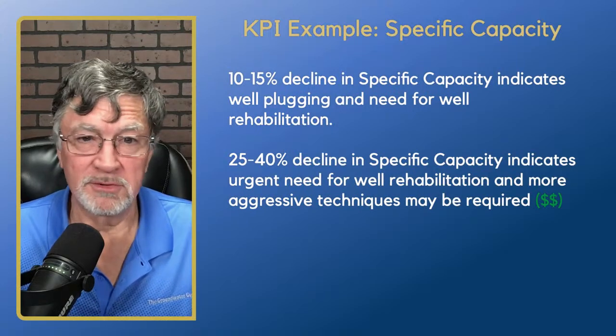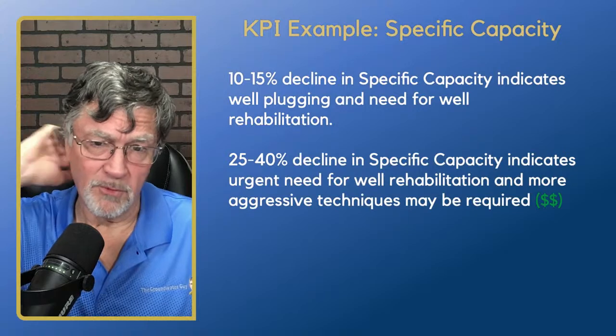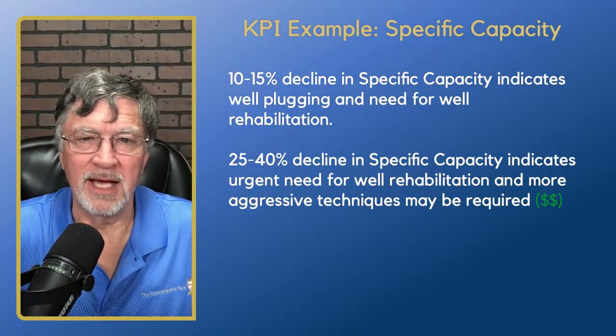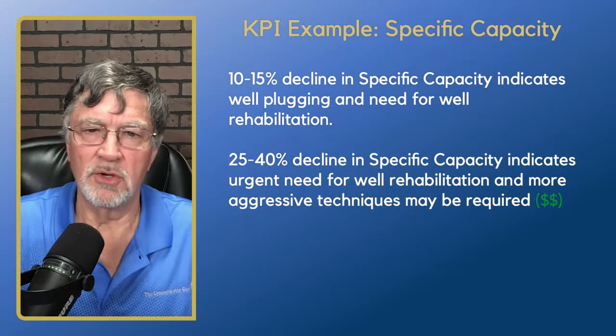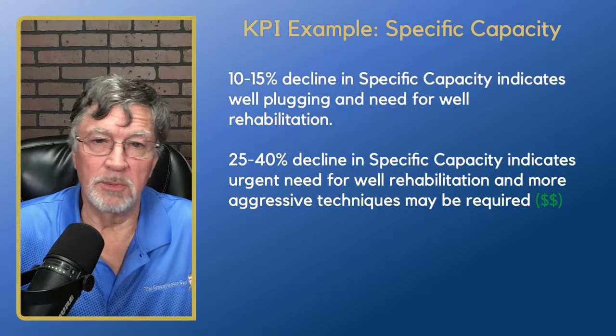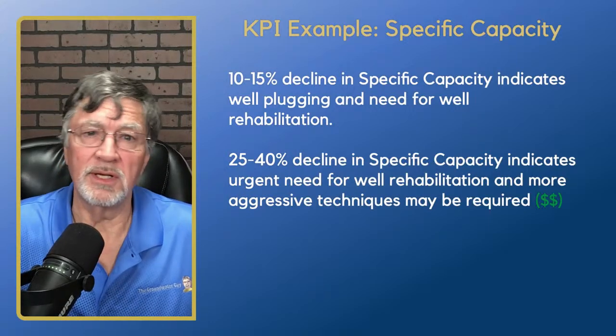They become more difficult to clean. On the higher end, around 40%, you may be looking at something where you can't totally clean that out anymore because it's so locked down.